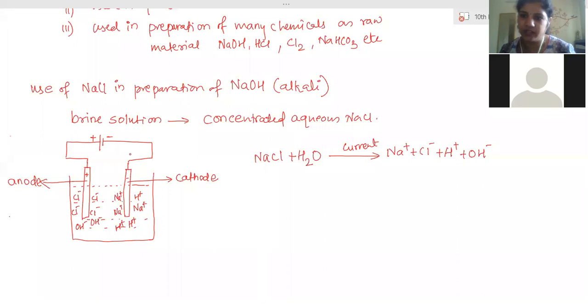Now what changes will take place in the formation of atoms? Suppose here we have sodium ions and hydrogen ions, which are positively charged. How did they get converted into positive ions? They lose electrons.